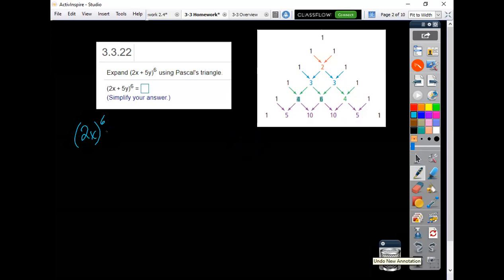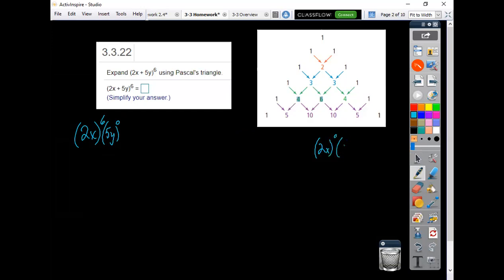So you've got the 2x to the 6th here, and this would be like the 5y to the 0, and then on the other end of it you're going to have your 2x to the 0 and your 5y to the 6th. And you're going to step down in between each step as you go.